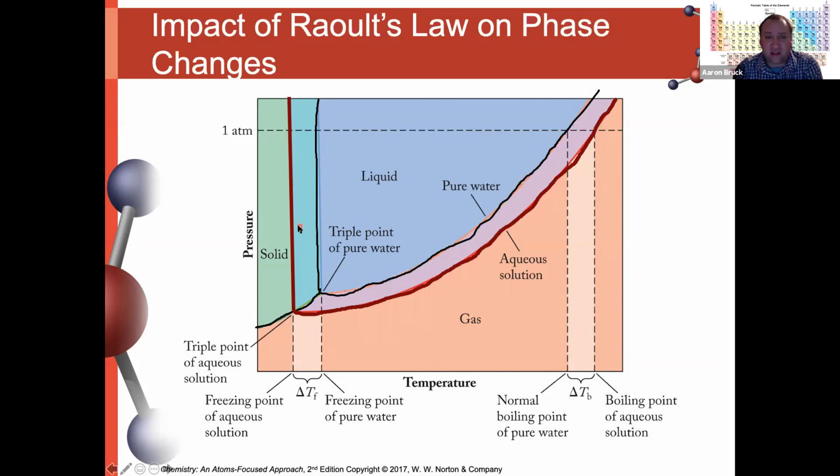And on the solid side, we've got that level of attraction existing there also. And so what we're going to see is that the liquid phase is going to be far more prominent, and we're going to have a lower freezing point as a result. And we take advantage of this lower freezing point all the time.